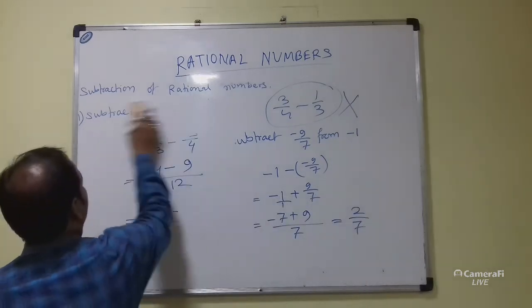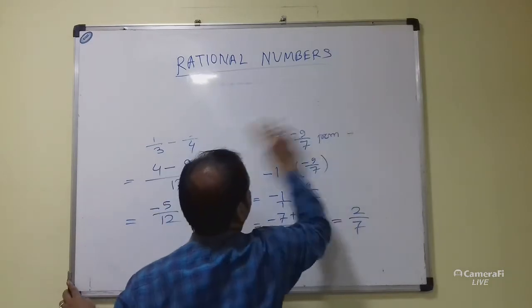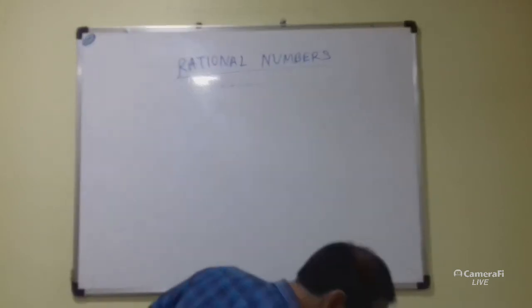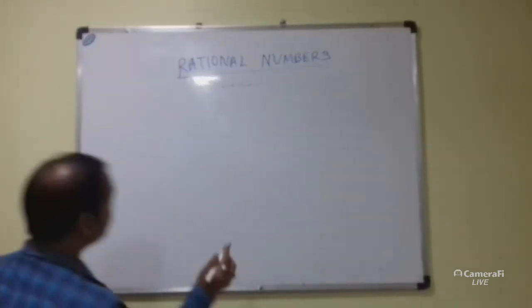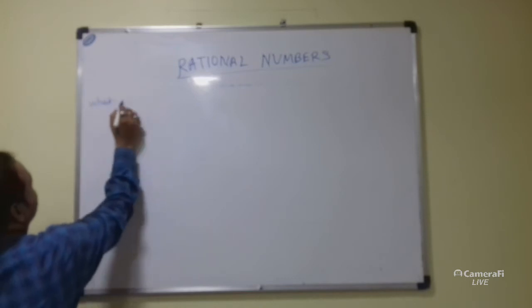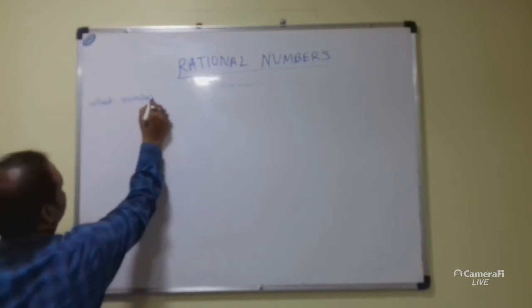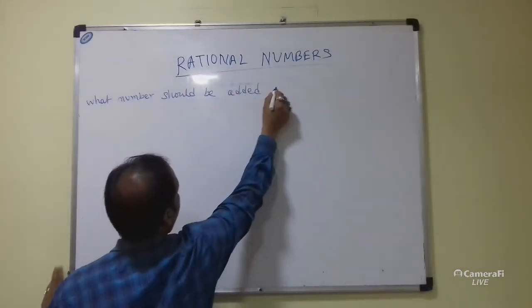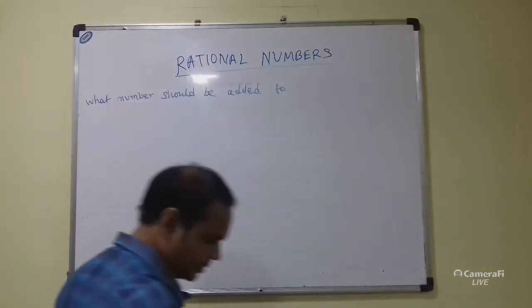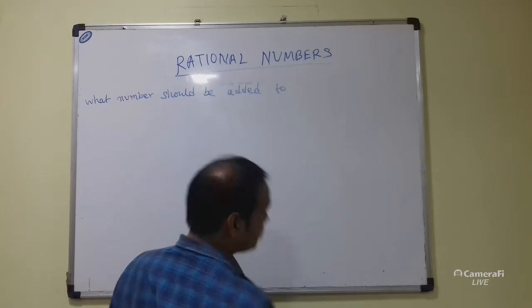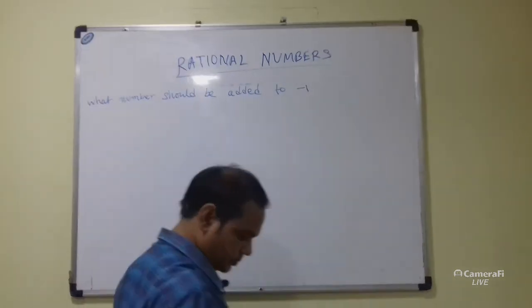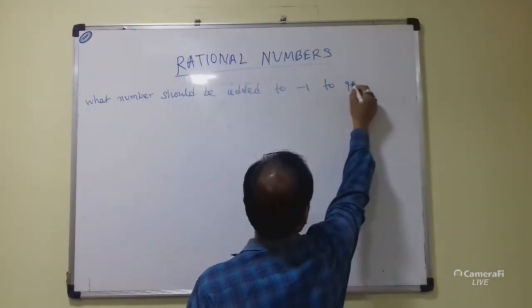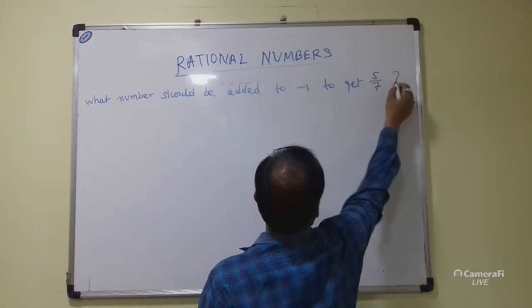Next I will show you one word problem. What number should be added to minus 1 to get 5 by 7?